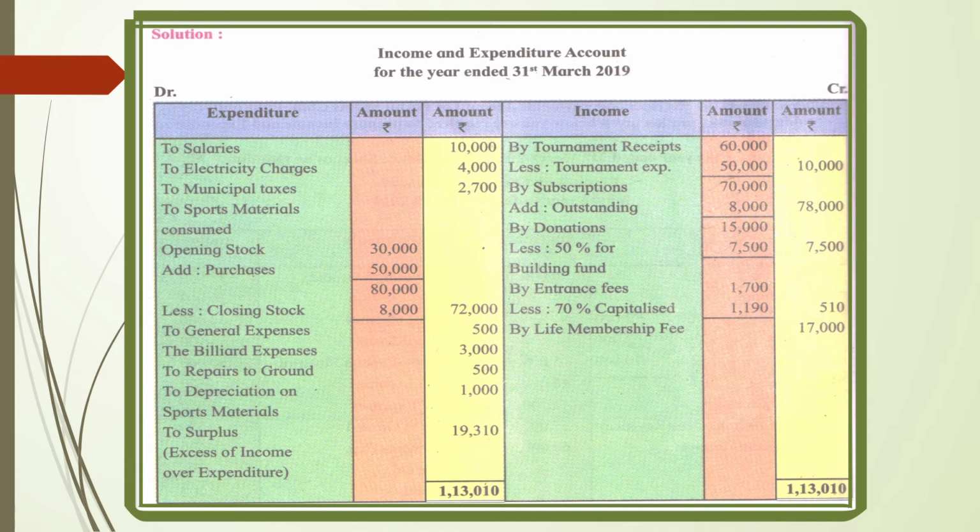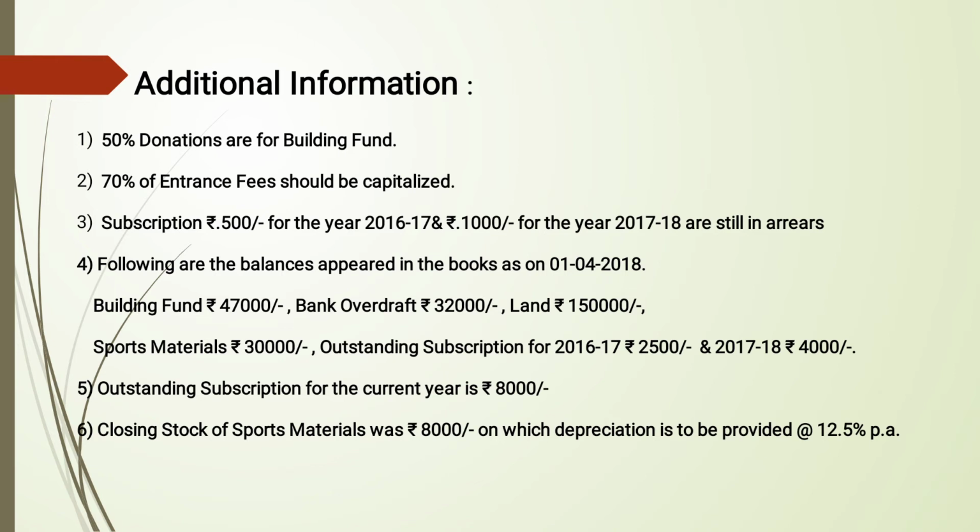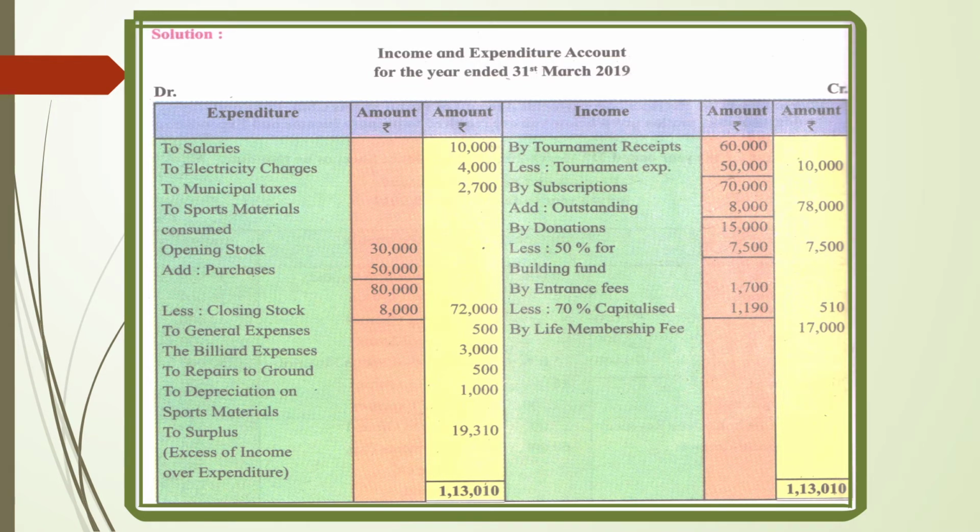Means in the outer column you have to mention 510 rupees, and the 70% capitalized amount of entrance fees is added to the capital fund in the closing balance sheet. Next item is life membership fees, which is already shown on the receipt side, that is a revenue item. So it is mentioned on the income side, by life membership fees 17,000. Last item is tournament receipts. Tournament receipts is also income, so it is also mentioned on the income side.